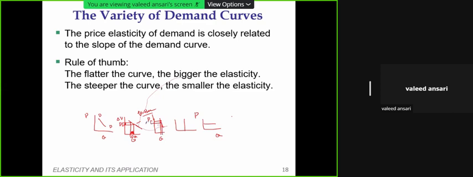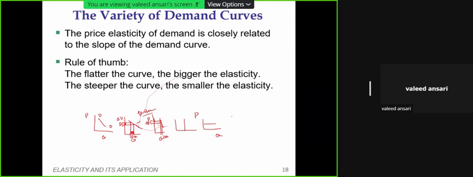You see the change in price is this much, whereas the change in quantity demanded is this much. The quantity is falling, so there is an inverse relationship, but it is less than the change in price.